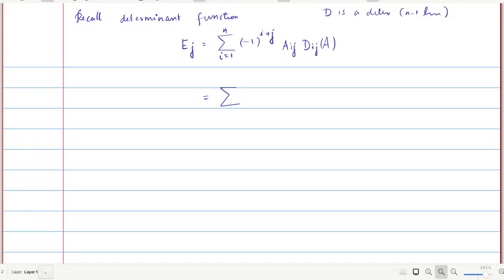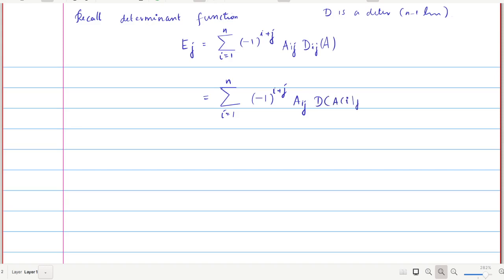We write this as the summation over i from 1 to n of (-1) to the power i plus j, and aij as it is, and this is the determinant. By definition, this Dij we write as D of Aij.